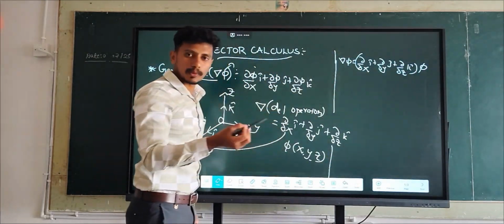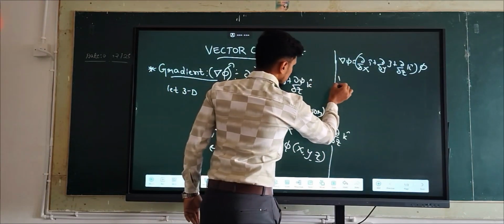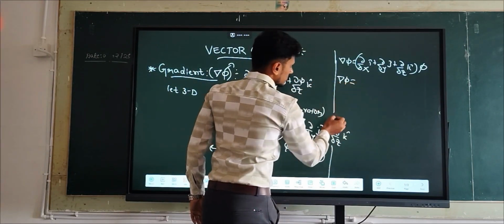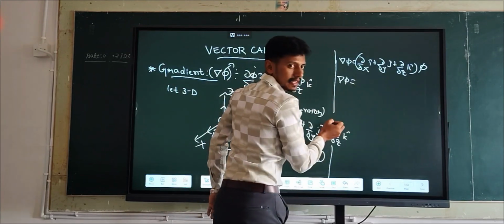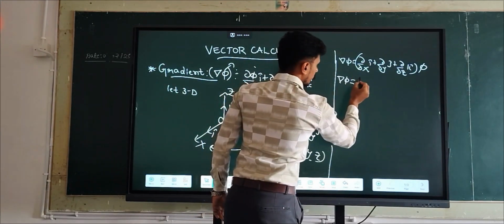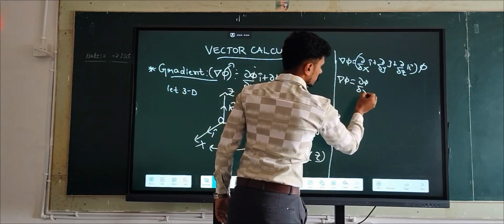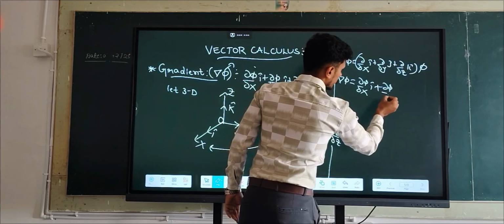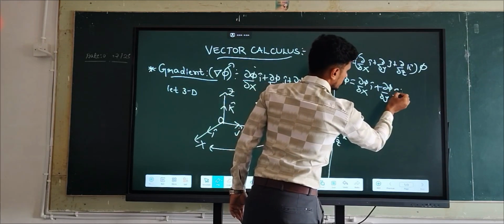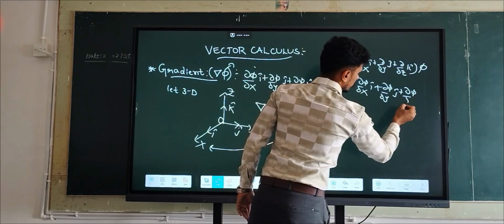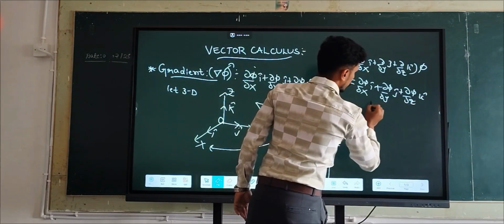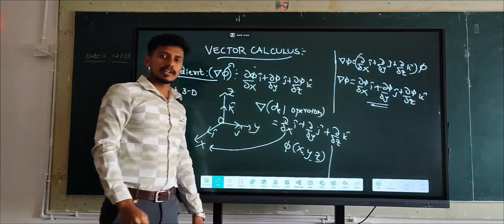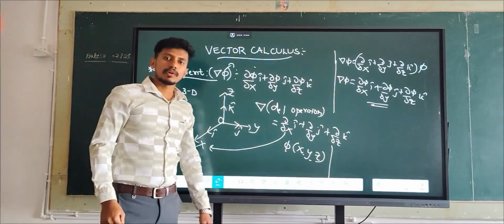Let us bring phi inside the bracket. So dou by dou x of phi becomes dou phi by dou x along i cap. Similarly, dou phi by dou y into j cap plus dou phi by dou z into k cap. And this is exactly the formula to find the gradient of the given scalar point function.